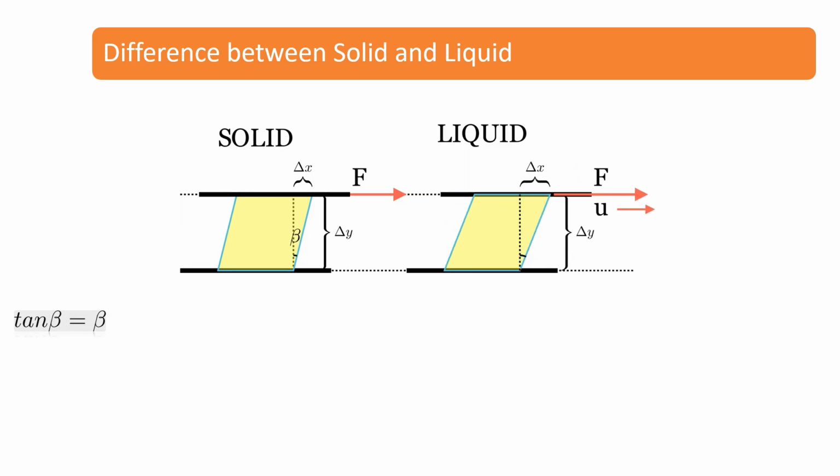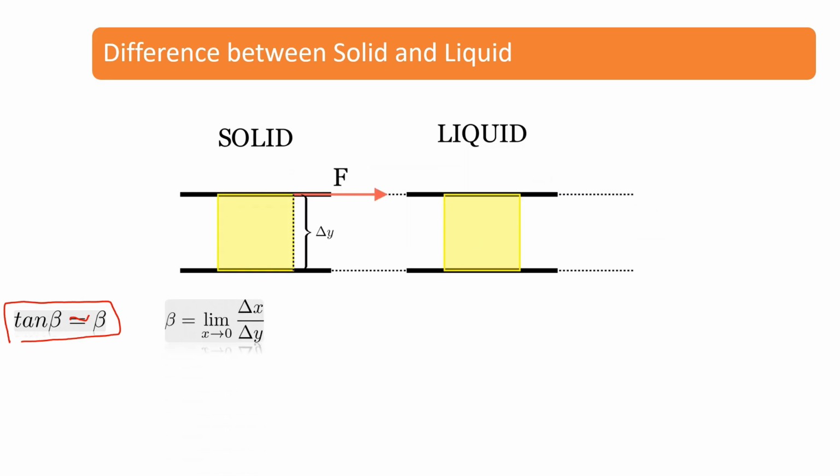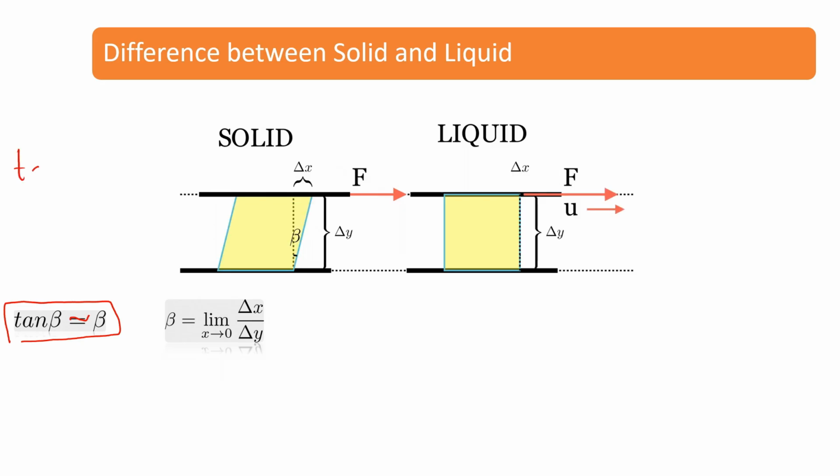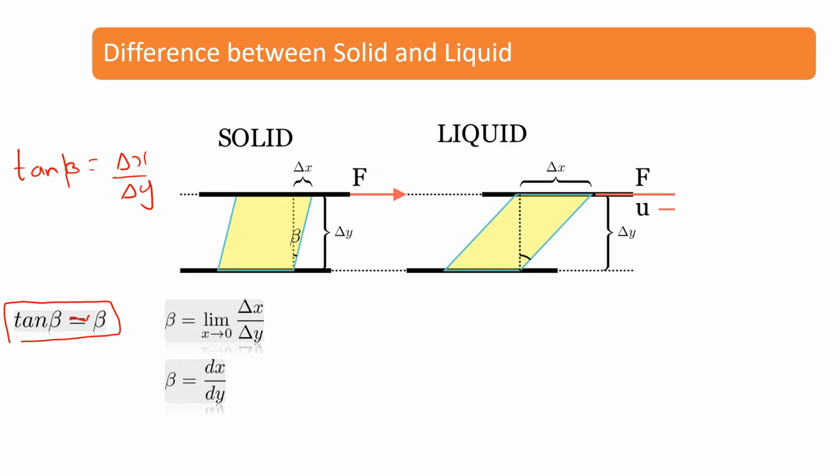So you can see here tan beta can be approximated as beta, since the angle is very low, and tan beta is equal to delta x by delta y. When the limits are taken, beta can be taken as dx by dy.